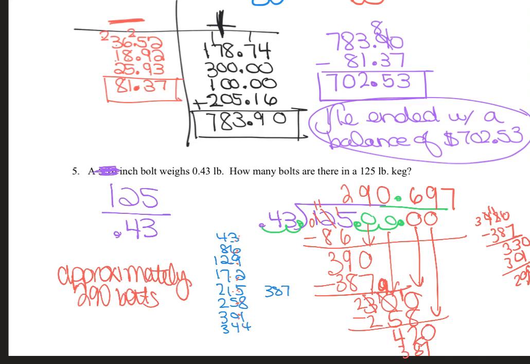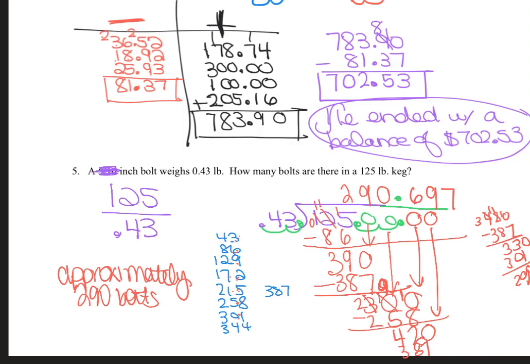Now that's not me really estimating. I did the problem out to multiple decimals, but ultimately they don't want like 290.69 bolts, because there's no such thing as 69 hundredths of a bolt. It's either going to be 290 or 291.